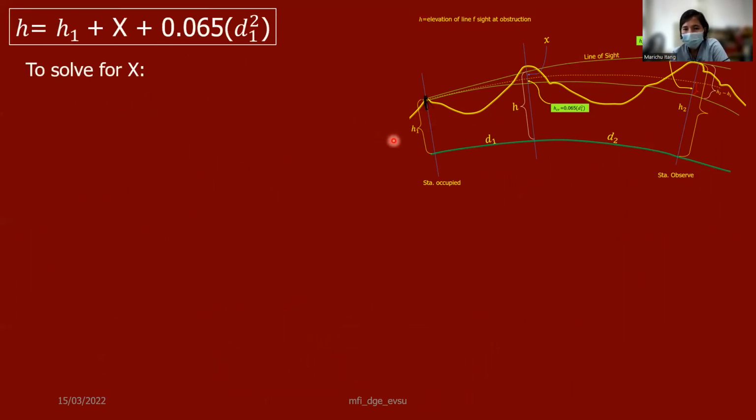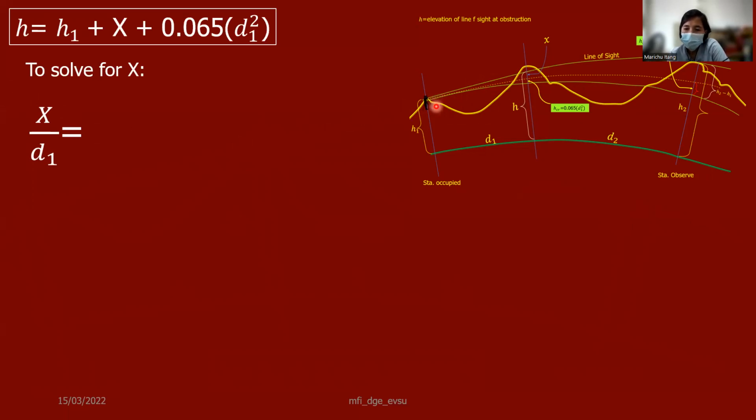So to solve for x, we employ the ratio and proportion. So let's see x over D1. Since nandito yung ating x, and this is equivalent to D1, right? Yung distance nito. So this is x, and this is D1.